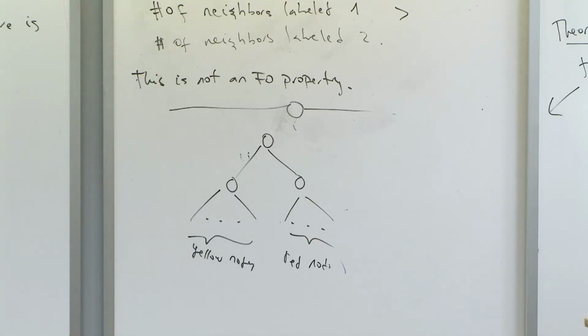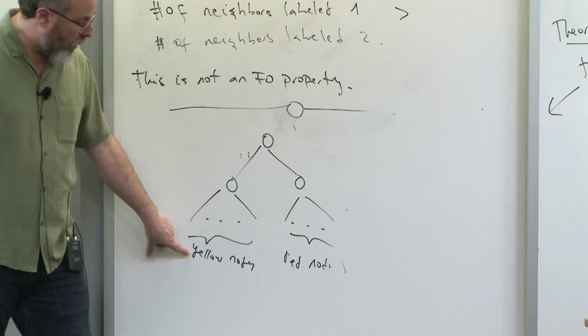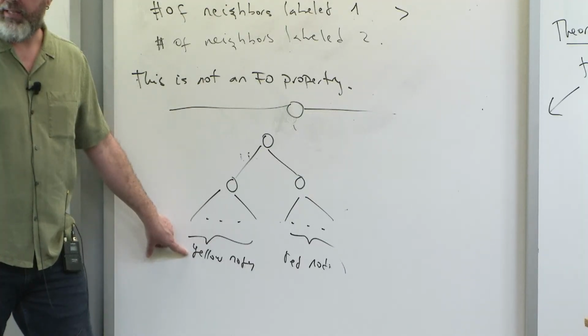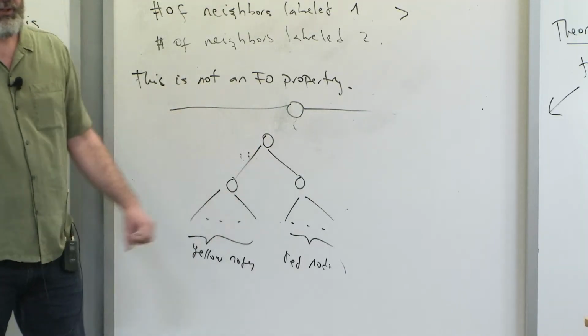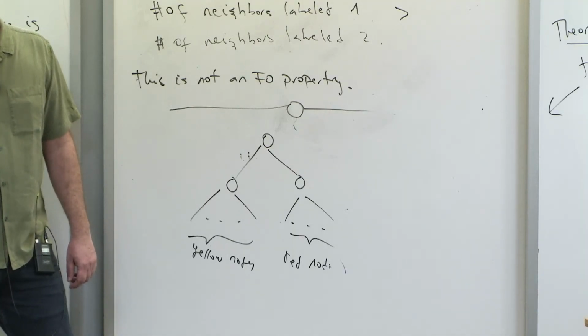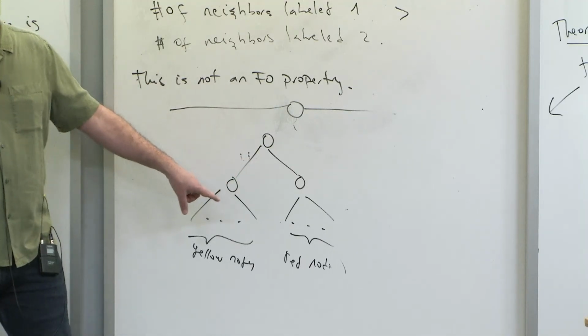Yes, many. A ReLU GNN can distinguish when you have exactly the same number of yellow and red grandchildren of this root, while a truncated ReLU cannot.